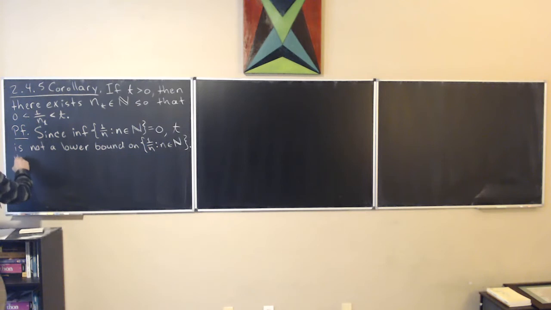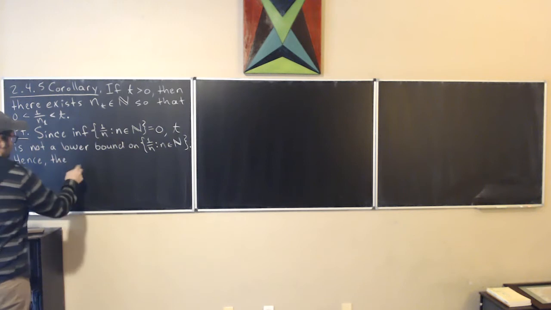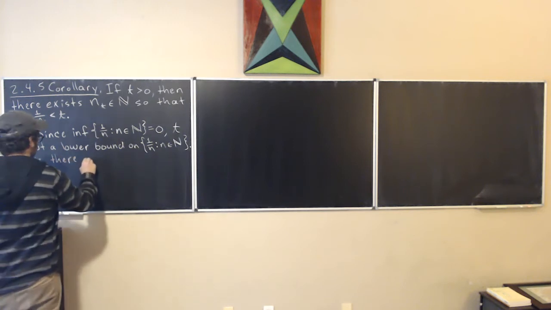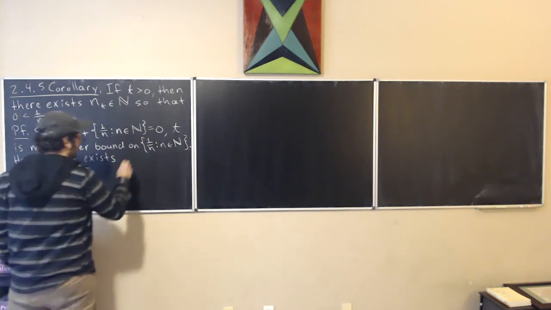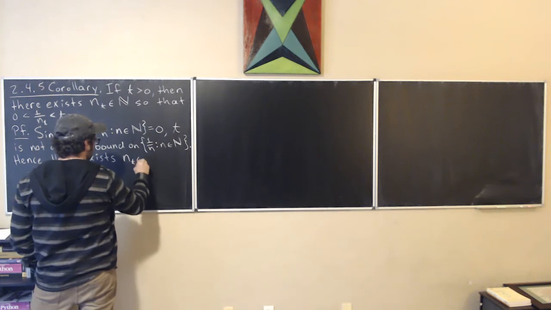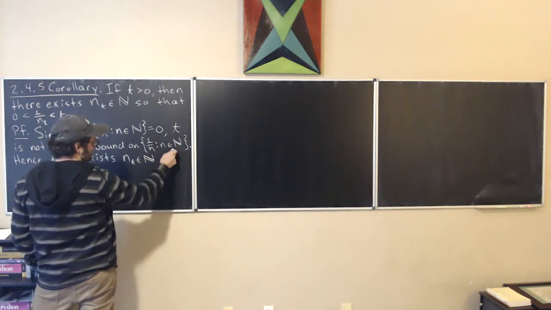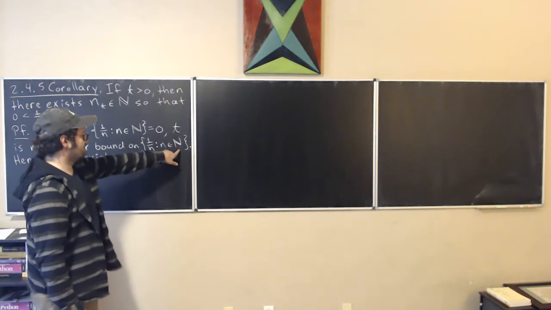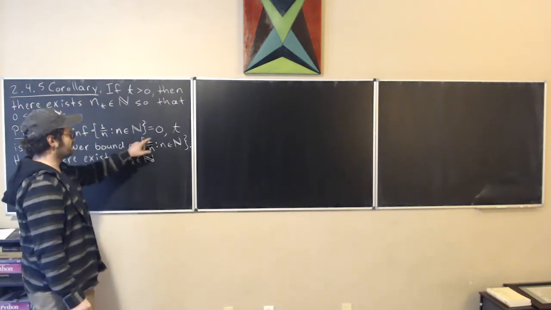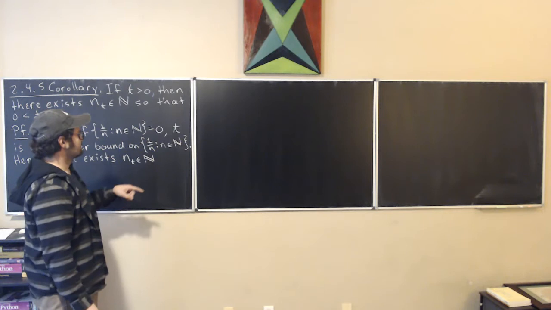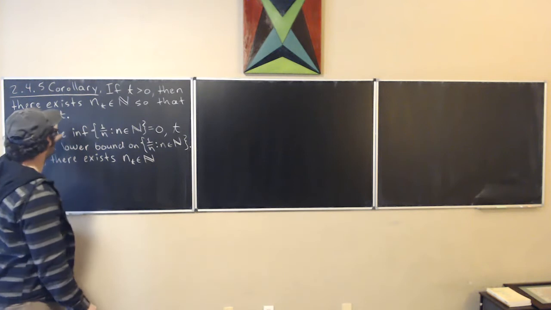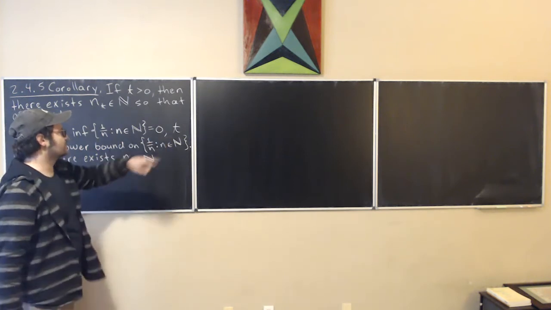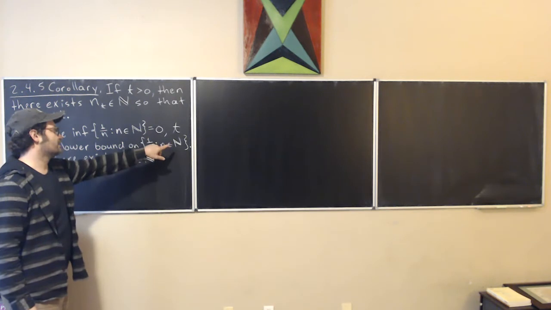Hence there exists some natural number where 1 over n is greater than 0, and also less than T, because T cannot be a lower bound on that set.